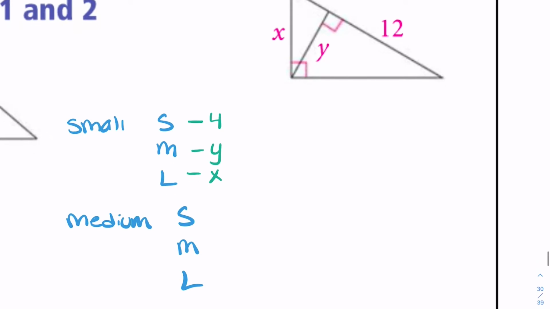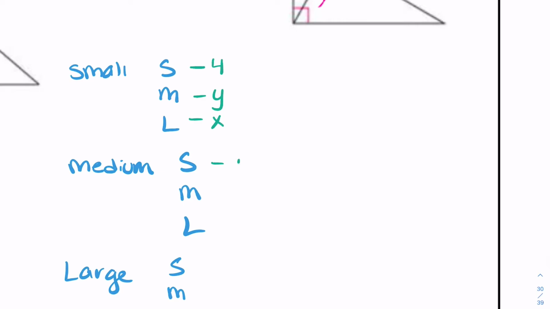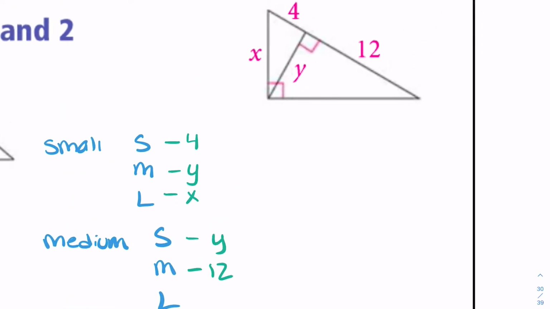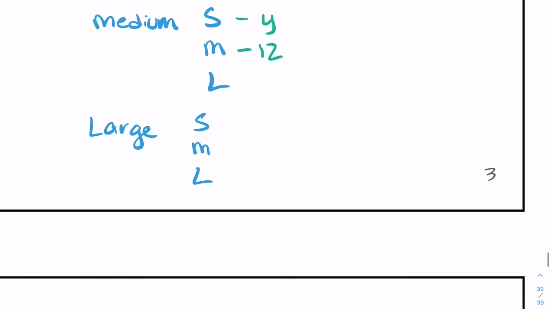The hypotenuse was not given. So I'm going to do y and 12. And then in the biggest triangle, this whole thing, they give me 4 and 12 is 16 as the hypotenuse, and they give me the short side x. So x and 16 they give me.